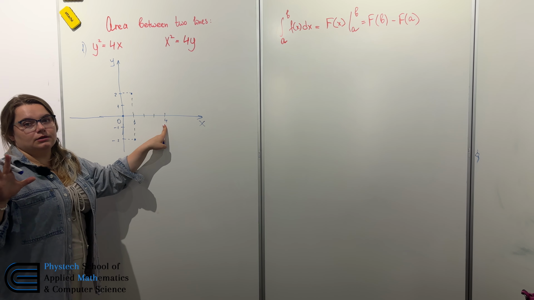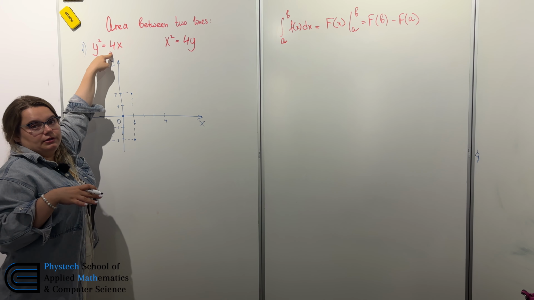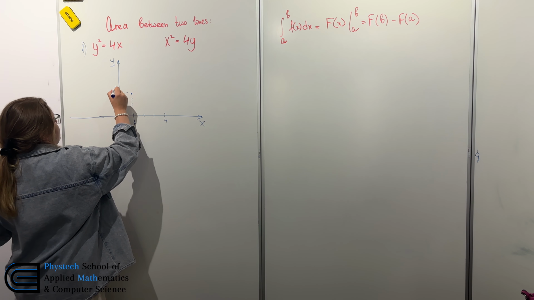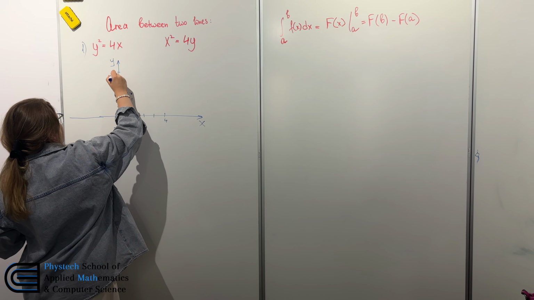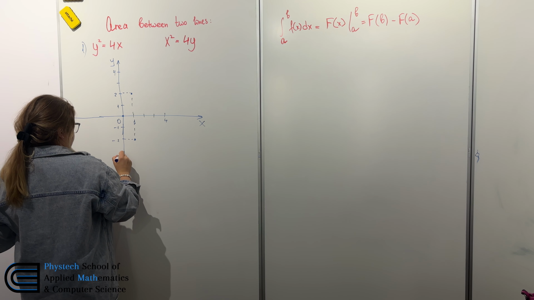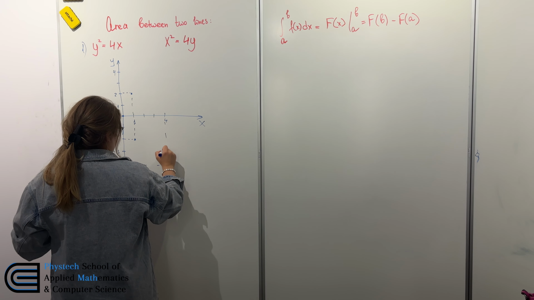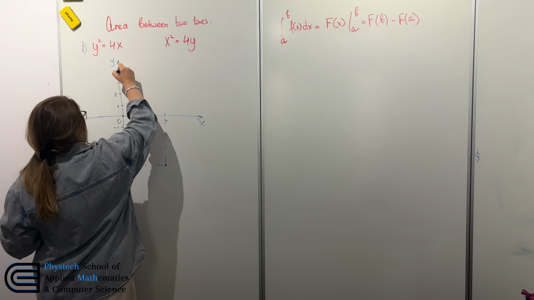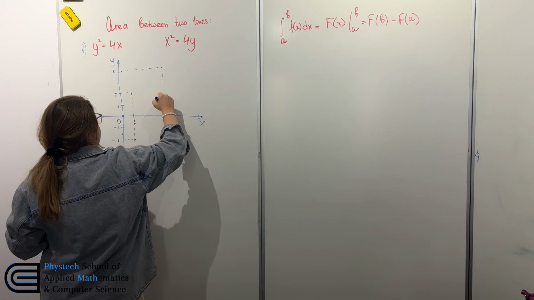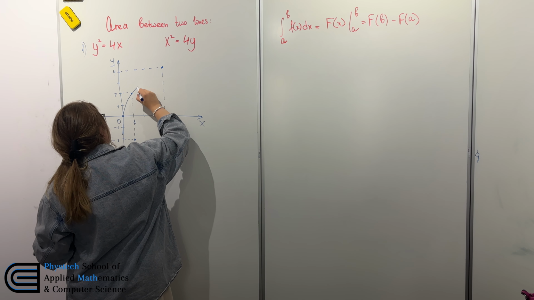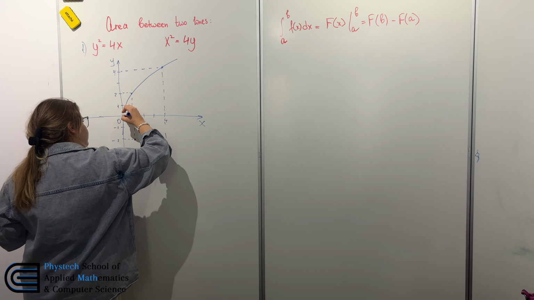If our x equals 4, 4 multiplied by 4 gives us 16, so y will be equal to plus or minus 4. One point here and here too. So we obtain such a figure.